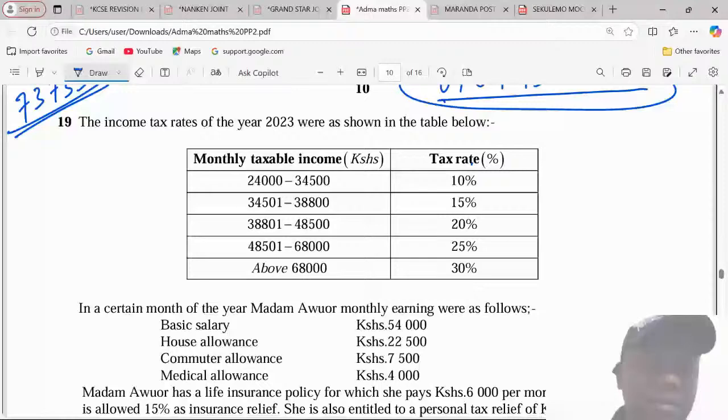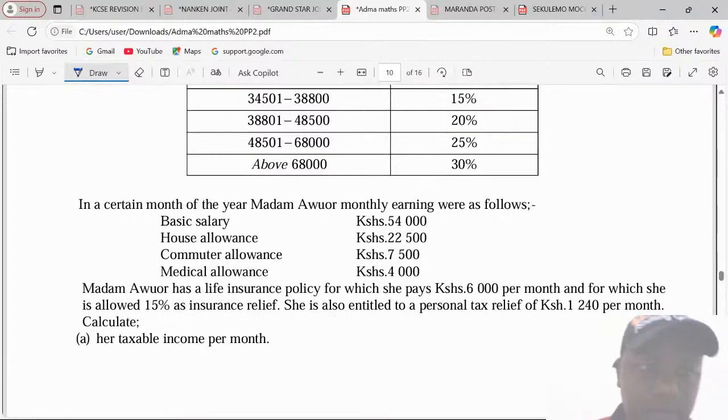In this paper, the income tax rates of the year 2023 were shown. In a certain month of the year, Madam Awuor's monthly earnings were as follows: base salary 54,000, house allowance 22,500, commuter allowance 7,500, medical allowance 4,000.